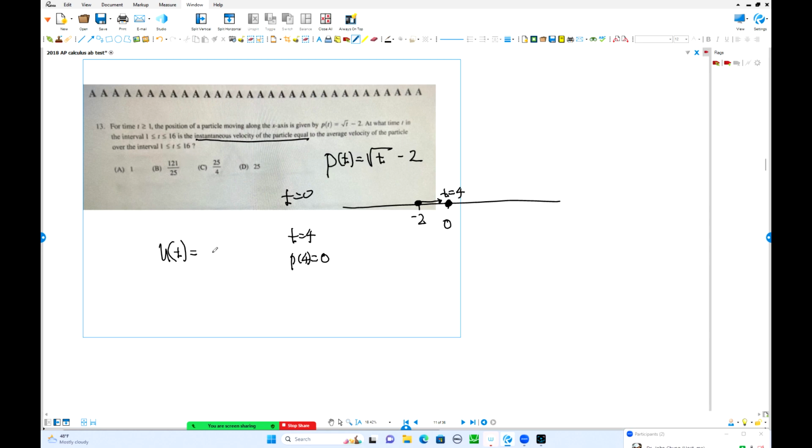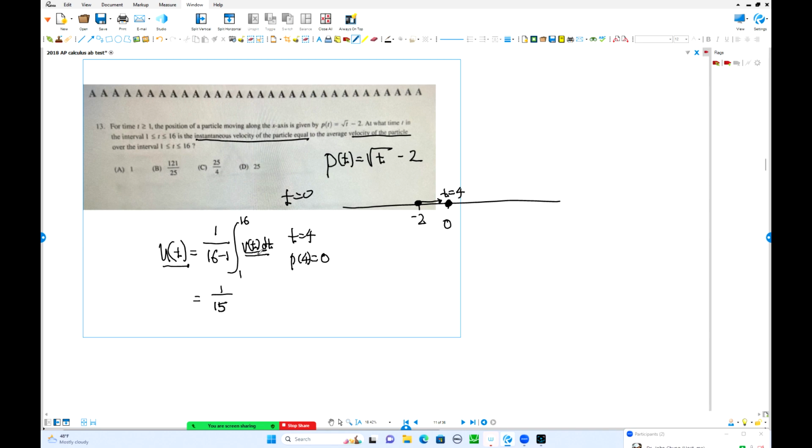Between 1 and 16, b minus a is 16 minus 1. We take the integral of the velocity, v(t) dt, from 1 to 16. Now take out 1 over 16 minus 1, which is 15.